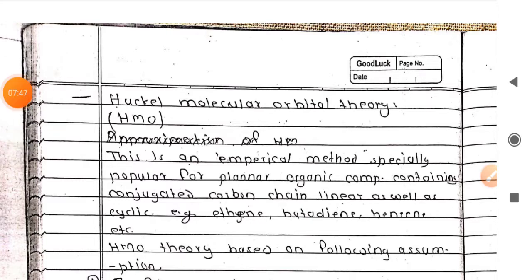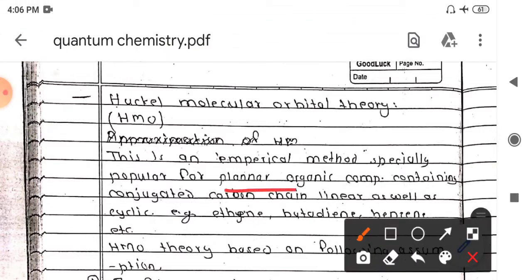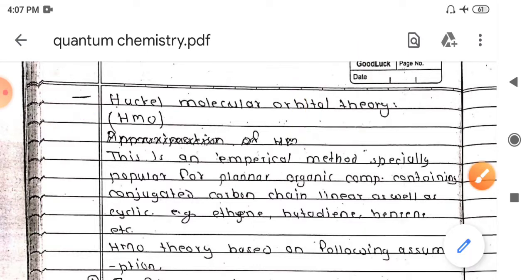Okay, so this Huckel molecular orbital theory is applicable for planar and conjugated double bond molecules. In short, we can say that this Huckel molecular orbital theory is applicable for those systems in which there is a conjugation of pi electrons, so that we can apply this theory.